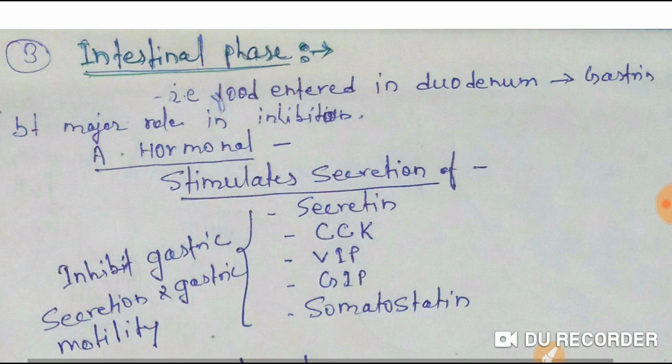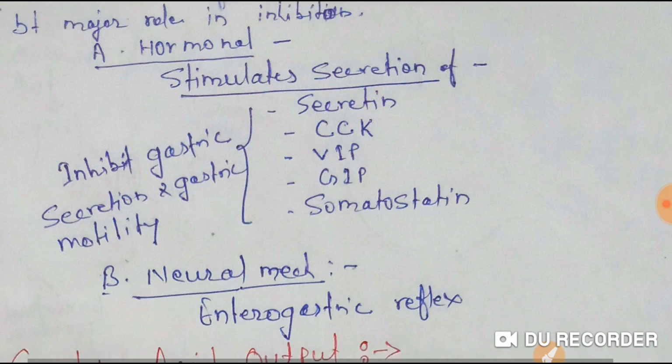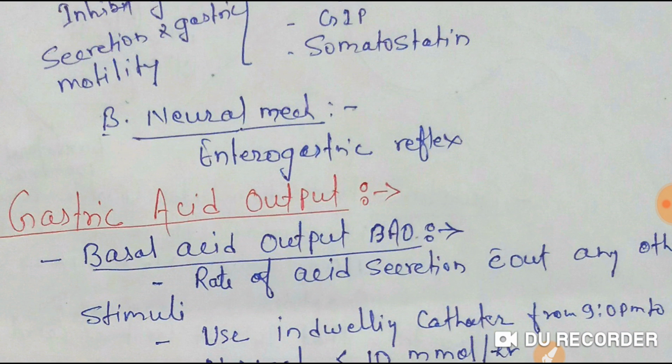This includes hormonal stimulation: when food enters the intestine, there is stimulation of the secretion of secretin, CCK, VIP, GIP, and somatostatin. These inhibit gastric secretion and gastric motility also. Next is the neuronal mechanism, which includes the enterogastric reflex.